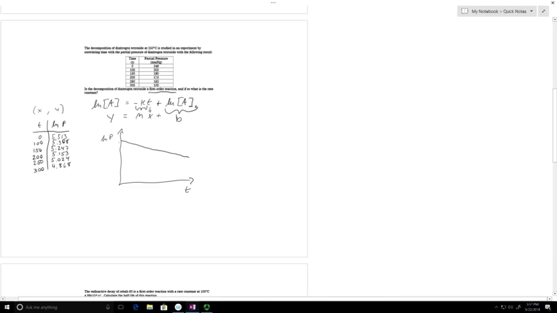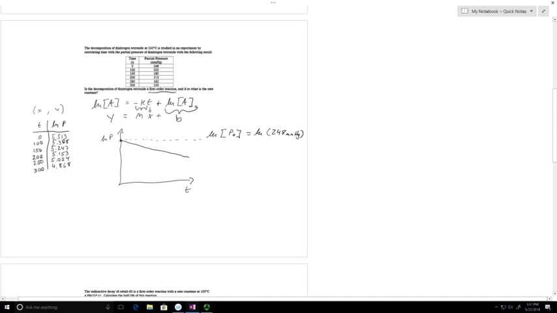So this term right here would be the natural log of pressure original, and then you would have this linearization, which would equal the natural log of 248 mmHg.